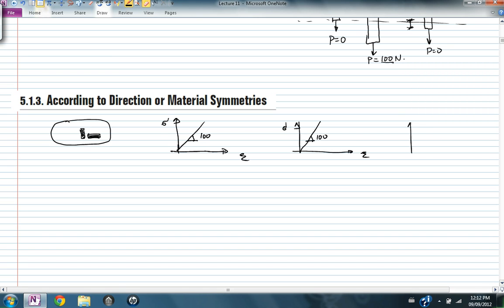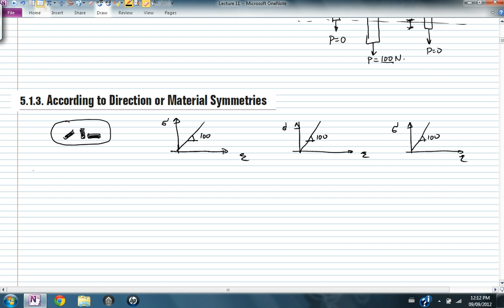If I do it in any other direction, and I find the same relationship, then this material is called isotropic.